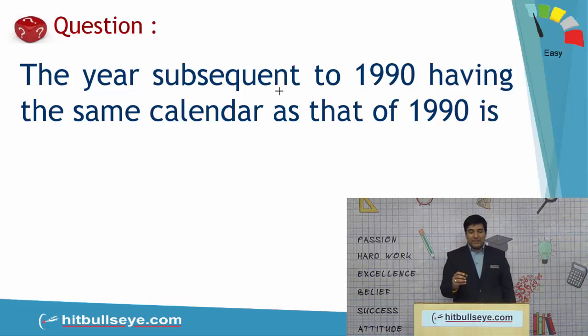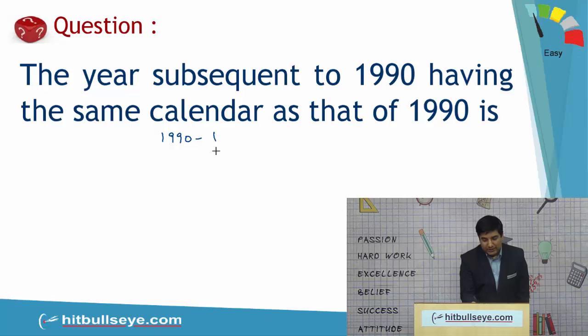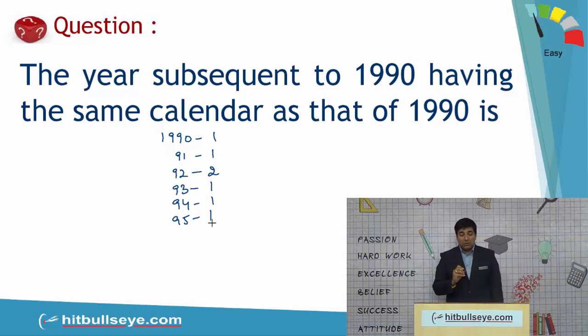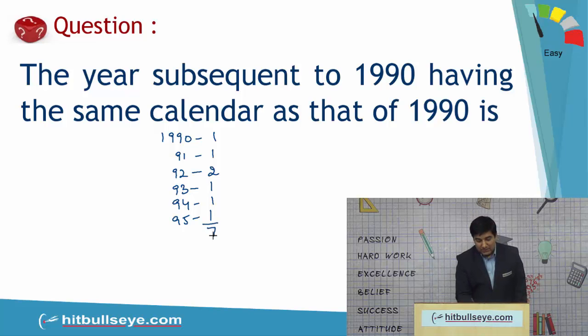So let's have that calculation. The year 1990 would generate 1 extra day. Likewise, 91 would generate another one. 92 being a leap year would generate 2 extra days. 93 1, 94 again 1, 95 again 1. So now as we see, this becomes 7.